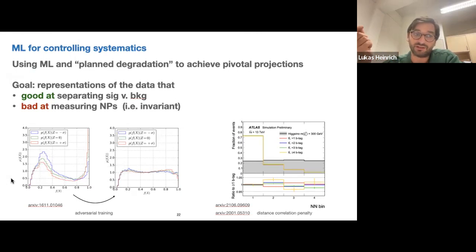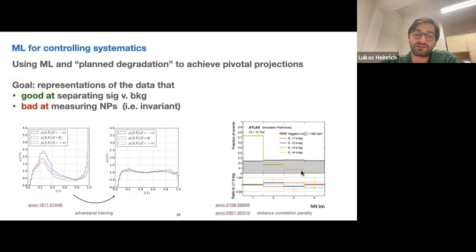But you can train machine learning algorithms to explicitly hide these differences in sampling distributions and get sampling distributions that are invariant with respect to certain parameter dimensions of the simulator. This is something that we sometimes call controlling background distributions.